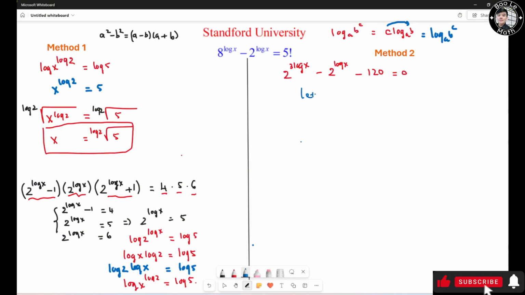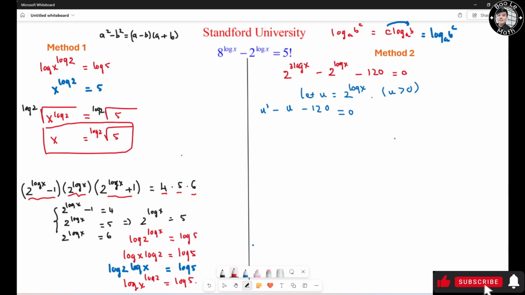Let u be 2 to the log s, right? And of course, u must be greater than 0. And this one turns out to be u cubed minus u minus 120 equal to 0.